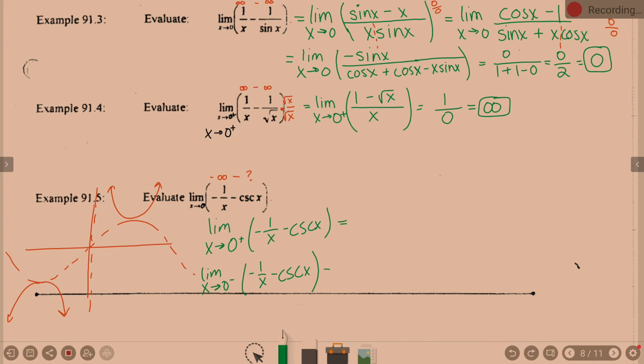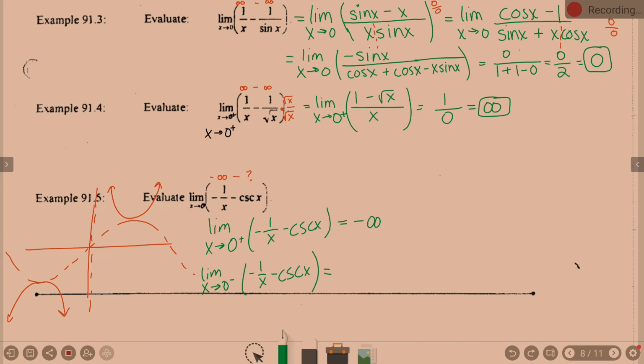So if we think about this in both cases, let's worry about 0 from the right. So 1 over x. Well, first of all, it's the negative of 1 over x. So negative infinity, because it'd be the negative of infinity, if you will. Do you guys remember what the 1 over x graph looks like?